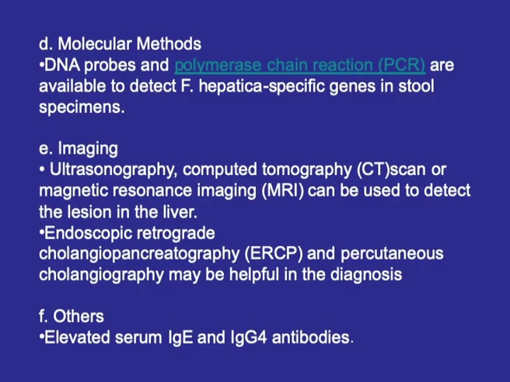And the other method is the molecular method, using polymerase chain reaction or PCR. In polymerase chain reaction, we amplify a segment of DNA. It mimics the DNA replication process which normally takes place in the body.